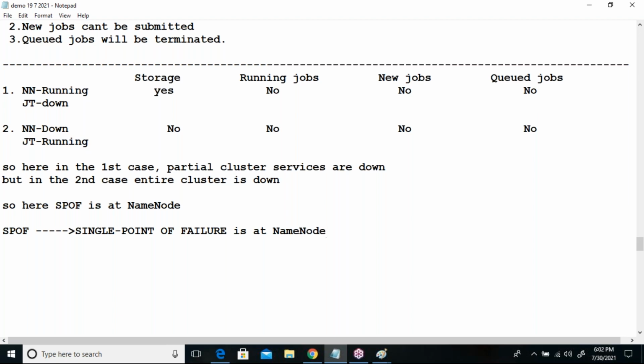That is, if the name node is down, the single point of failure is at the name node.